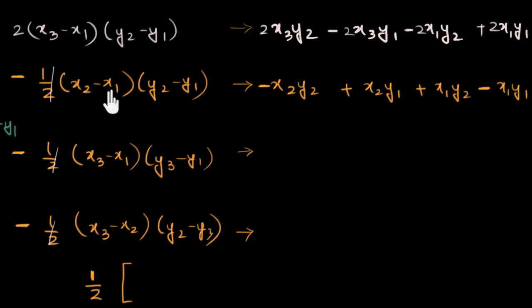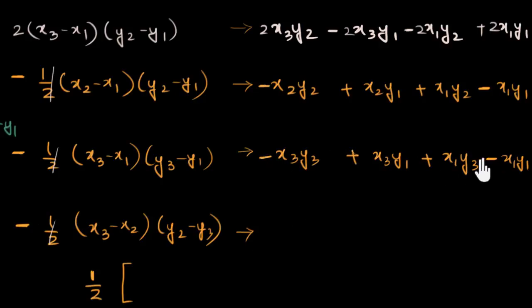I'm going to keep the same pattern going, so I know it's going to be minus, plus, minus. So I don't have to think about it at all. So x3 y3, x1 x3 y1, x1 y3, and x1 y1. There it is. And again, it's going to be minus, plus, minus.